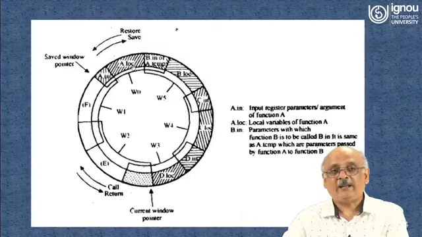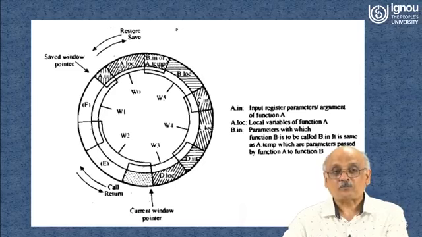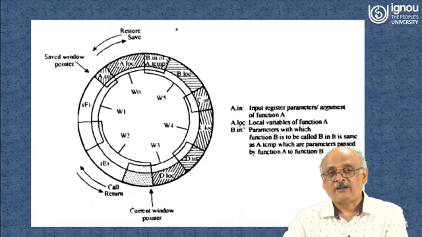Then A local variables: the main program is starting to exist, and this is the context of the local variables. Then B, that is A output, in the sense that the values are passed.